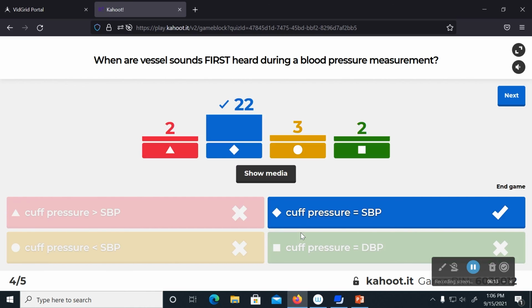Because technically, when cuff pressure is just a hair less than systolic, you're going to hear blood flowing through because now it can, right? The whole way that we test blood pressure is we create pressure around the vessel with the cuff, we stop blood flow, and then we slowly release that pressure until blood flow starts again, right? So the measurement of blood pressure, definitely review that slide with the line across it.